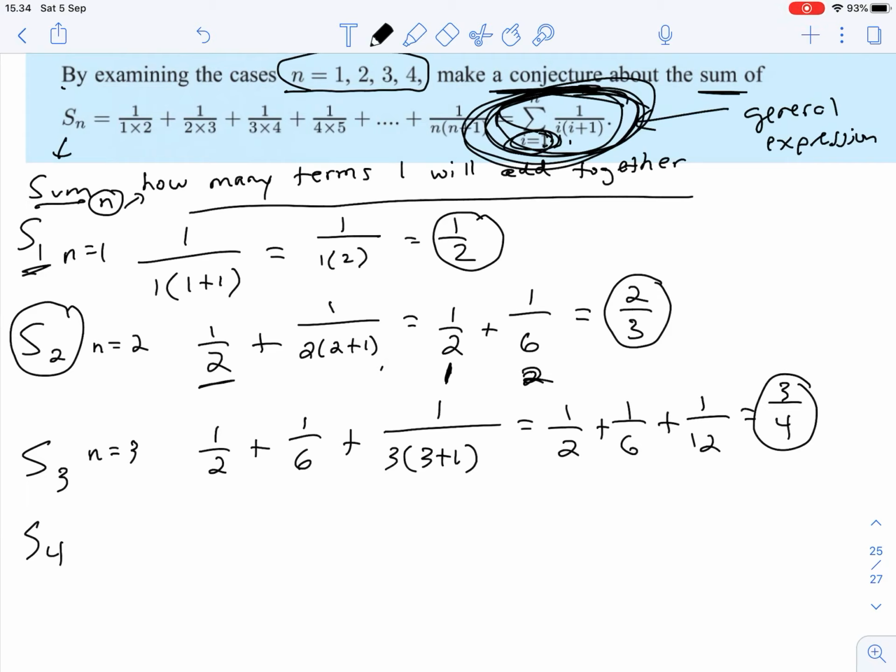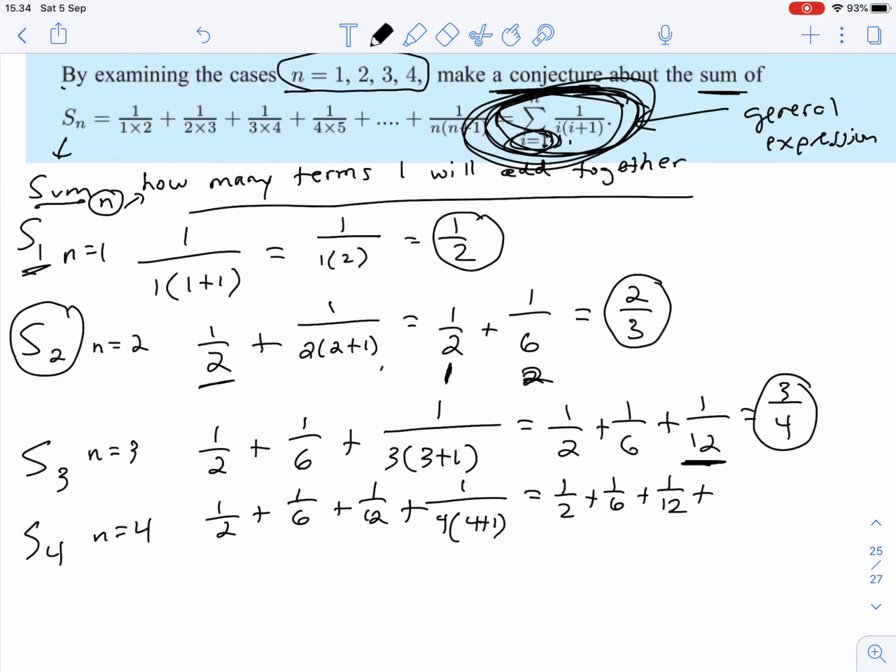Last one, I want the sum of the first four terms, n equals 4. Well, I know that my first term was 1/2, my second term was 1/6, and that my third term here was 1/12. I'm going to add that to my fourth term. This time I use 4, and I get 1/2 plus 1/6 plus 1/12 plus 1 over 20. And that adds up to 4 over 5.